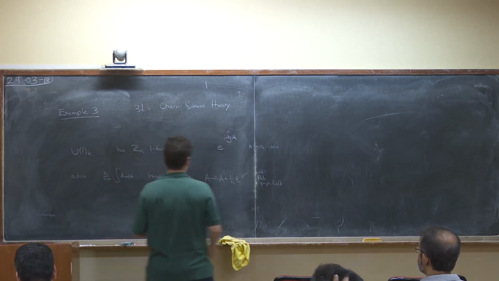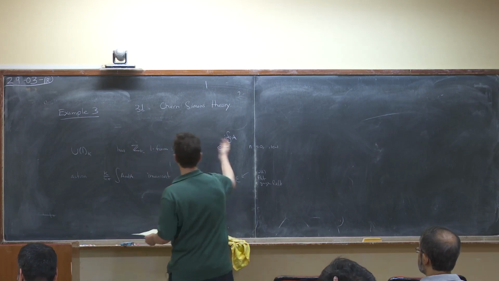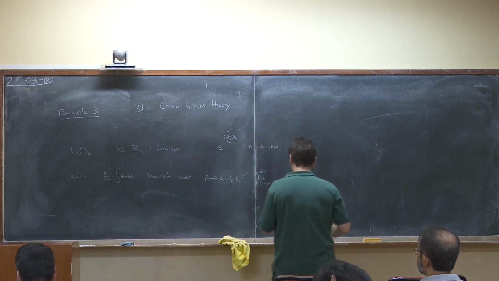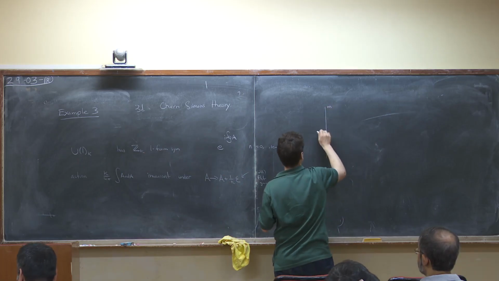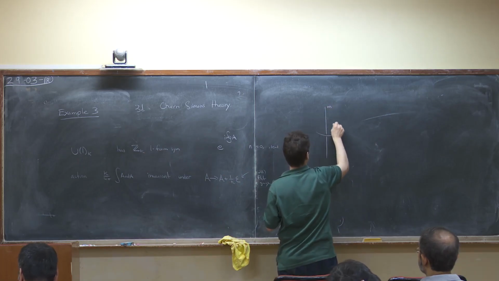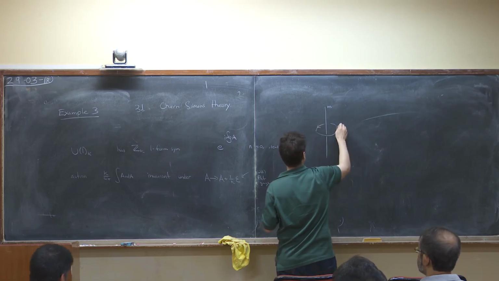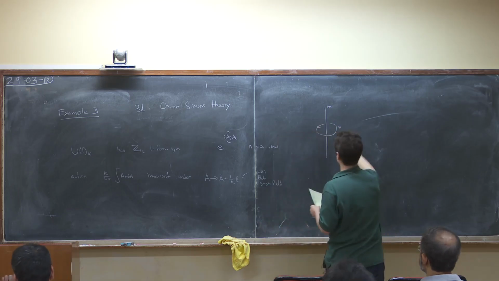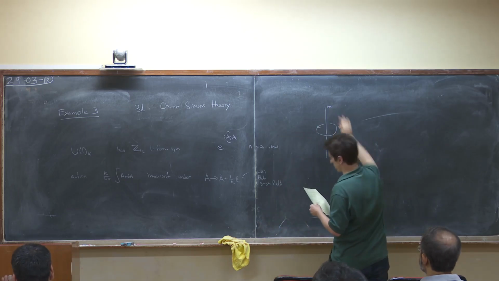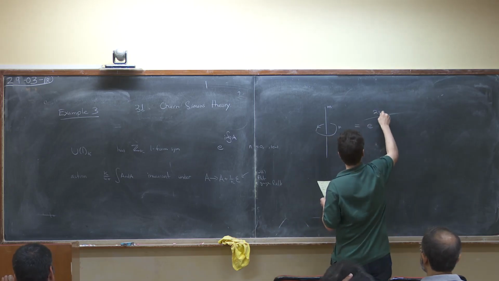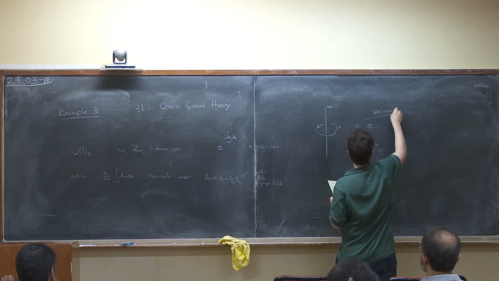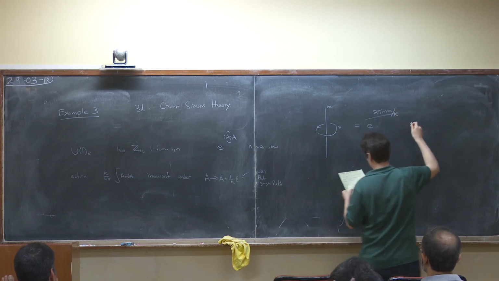And what are the charged objects? Well, the charged objects are just the same lines themselves. So of course we know the famous braiding relations in abelian Chern-Simons theory. So if this is the Wilson line of charge n, and this is the Wilson line of charge m, they have this braiding.